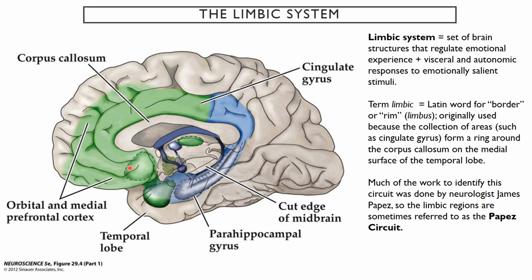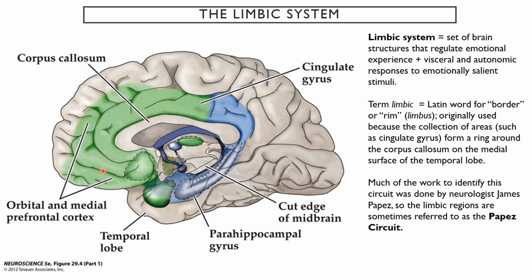And it involves a bunch of different areas. So we've got orbital and medial prefrontal cortex on the medial portions. We've already talked about some of the role of the orbital and medial prefrontal cortex when we talked about executive function and decision making.